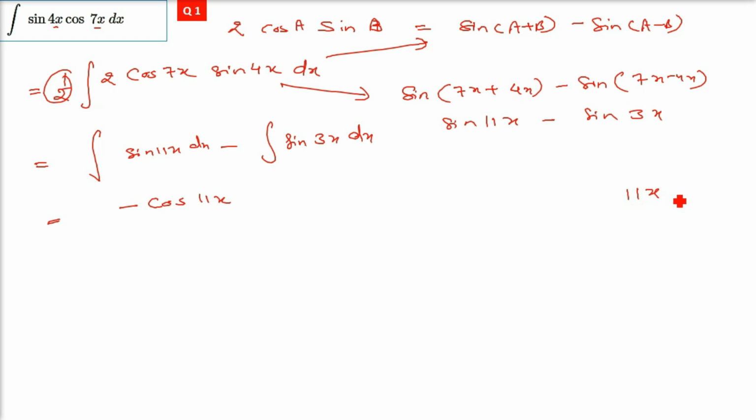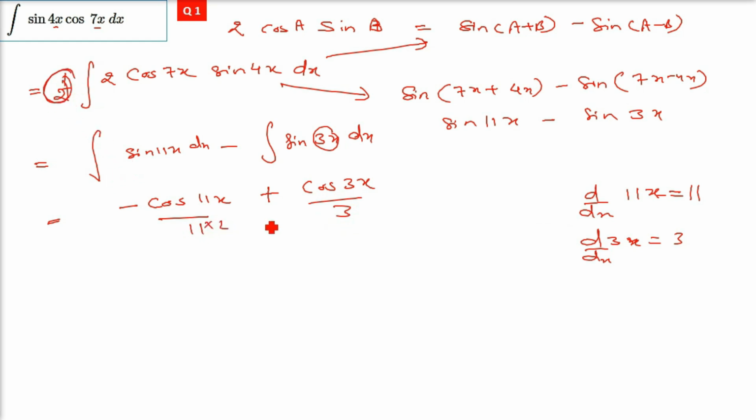So we will differentiate 11x also, and that will form 11 that we are going to divide. Same here, sin 3x. So sin integration is cos, so minus minus is plus, plus cos 3x, and differentiation of 3x, that needs to be divided. So this 3 goes in the denominator. Now how about this half?